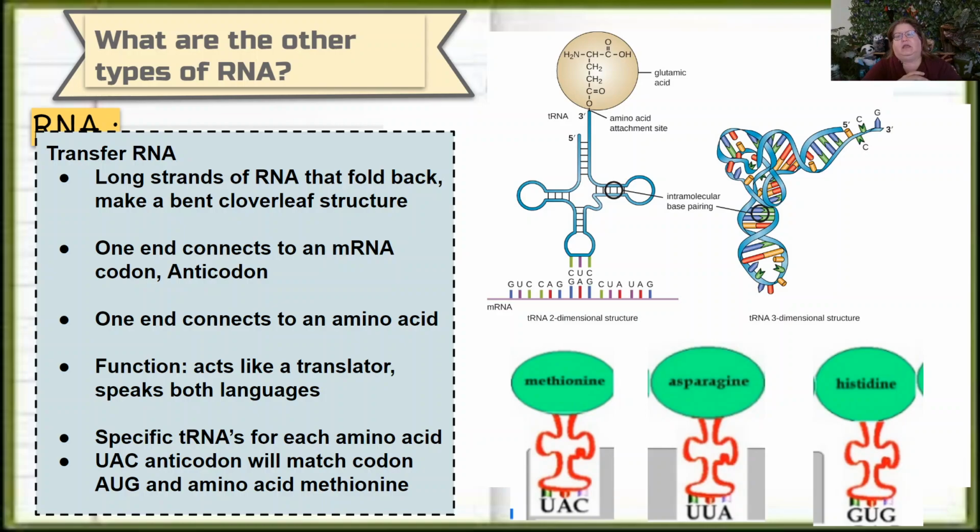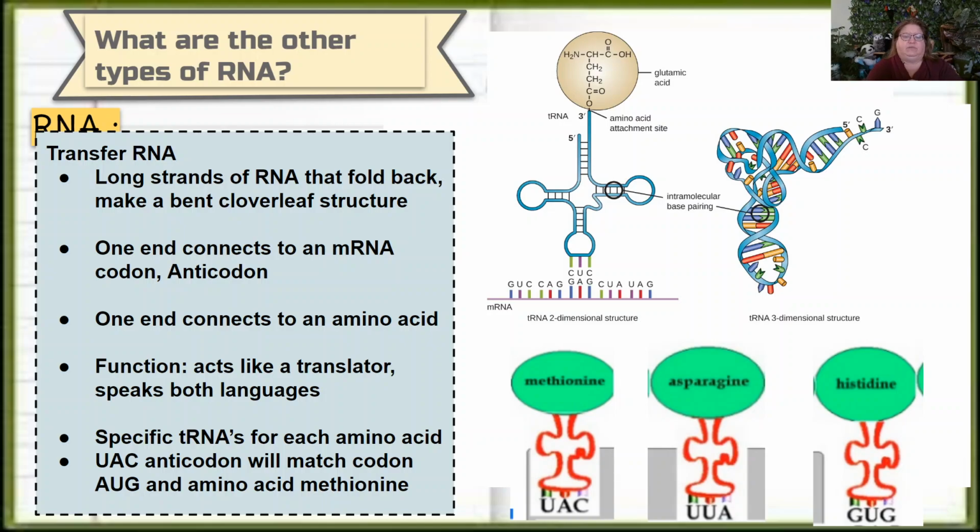So the tRNA, its job is to act like a translator. It speaks both languages. It has the codon language, it matches up with the codon, and then it carries the right amino acid with it. And so in that way, you're going to get a specific tRNA for each amino acid.